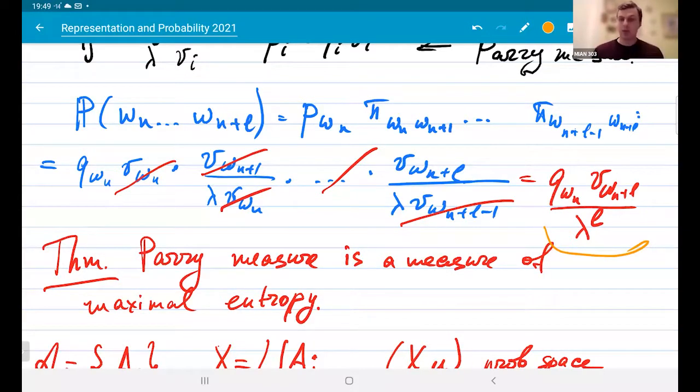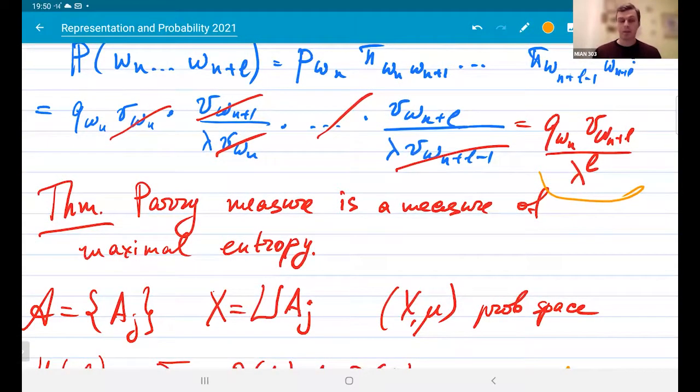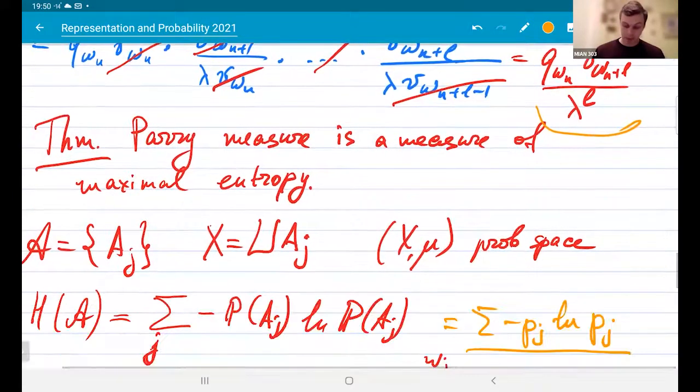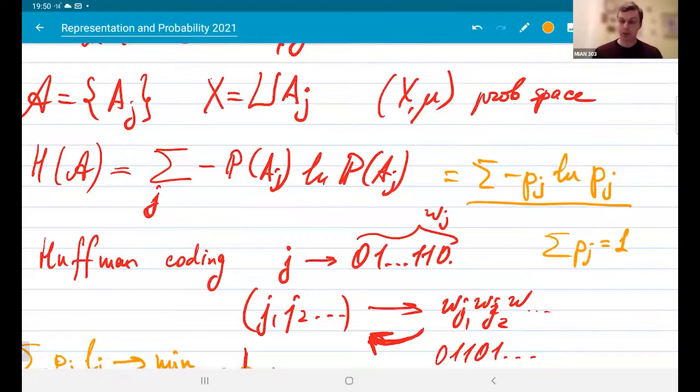And the key asymptotics here is this lambda to the power L. And that's it. Then it is quite natural that for this measure, where the paths, that is the elements of our partition, have more or less the same measure, more or less the same probability, you have the maximal entropy for this pairing measure.